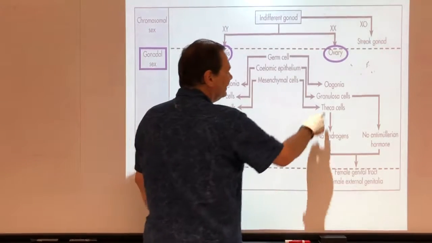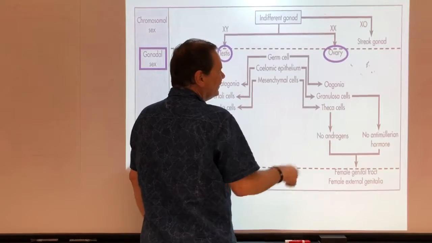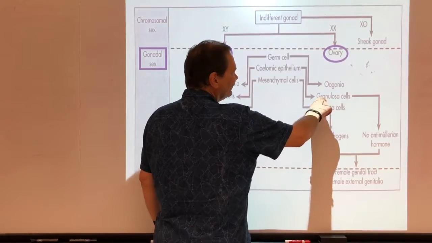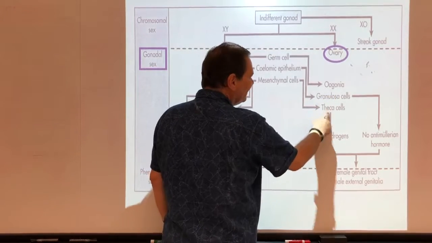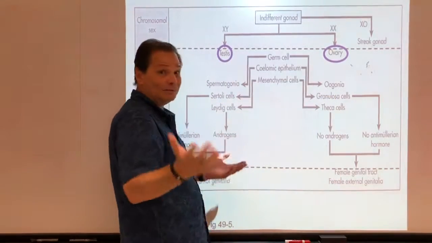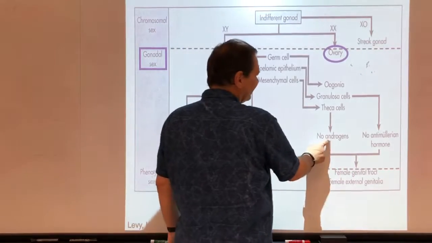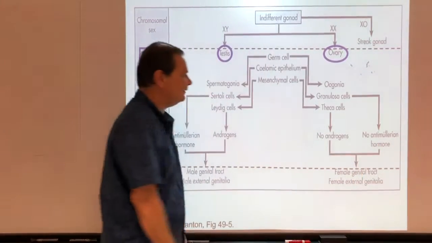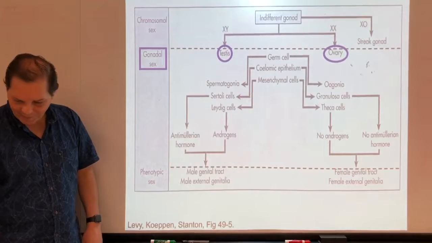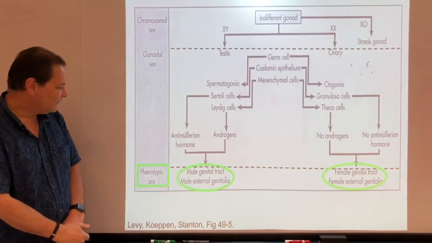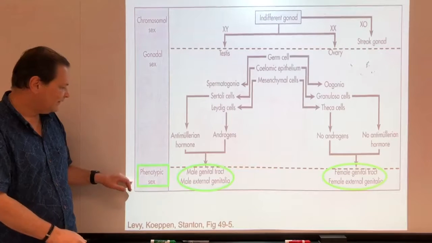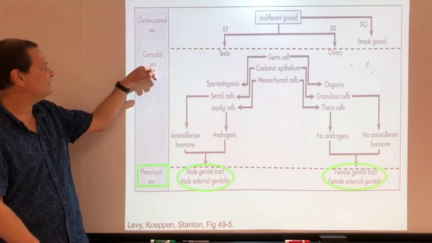Okay, and in the case of the female, your endocrine cells associated with the ovary, the granulosa cells and the theca cells, these are important, obviously, but they do not produce androgens, they do not produce anti-Mullerian hormones, and as a result of that, you develop phenotypic sex based upon your gonadal sex.